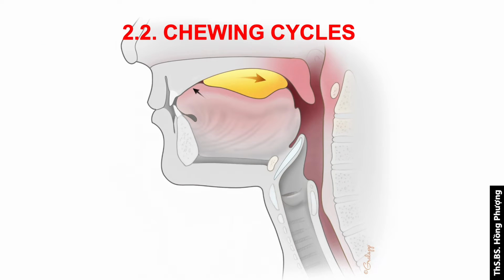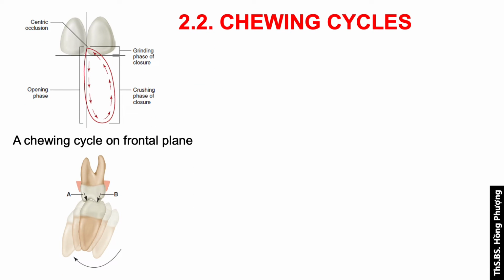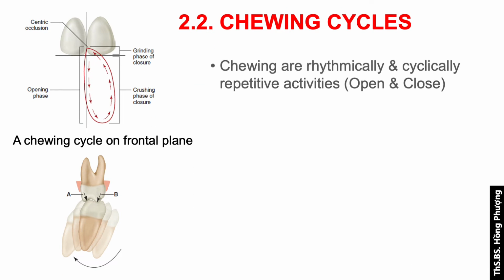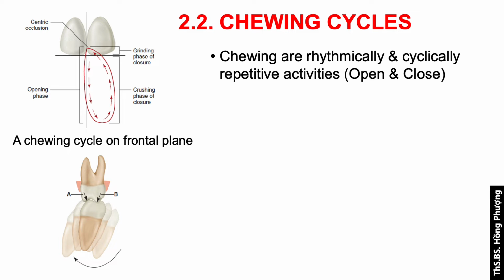To be able to swallow, food must be crushed to an appropriate degree during chewing into a food bolus. Thus, the chewing activity must be repeated cyclically and rhythmically, which we call the chewing cycle. So, how does the chewing cycle work? The chewing includes open and close activities.